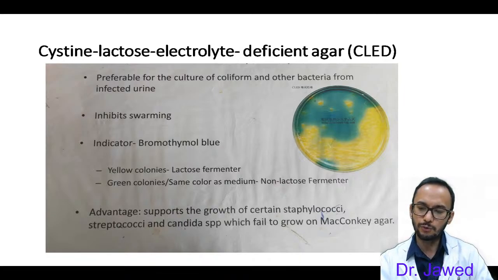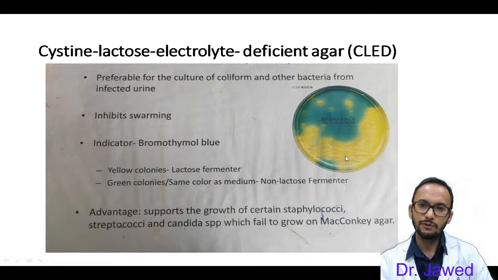In most laboratories, for most samples, we use two media: an enriched media like blood agar and a mildly selective media like MacConkey agar. But in urine we can use just one simple CLED agar instead of two, which cuts short the cost of the plates.